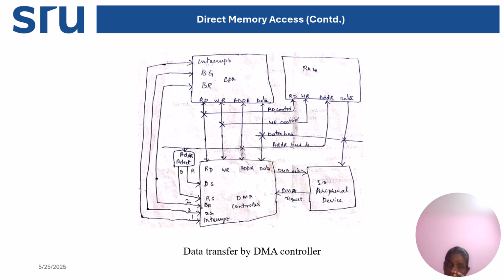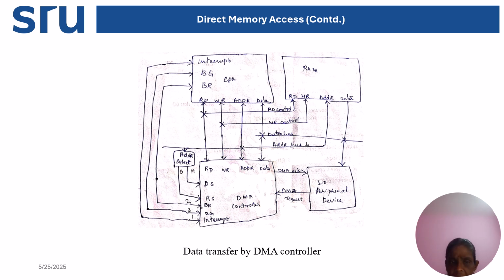Next, how the data transfer occurs by the DMA controller. Here we have the main memory RAM, the IO peripheral device, the DMA control, and the CPU. Bus request is sent by the DMA. Bus grant is in the other direction, between the CPU and DMA control. And for interrupt, once the IO device gives an interrupt signal, the DMA controller interrupts the CPU.